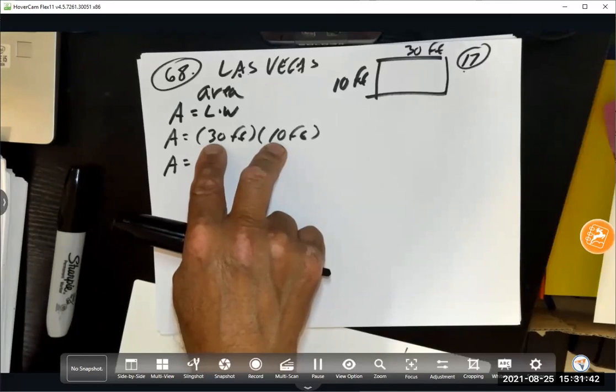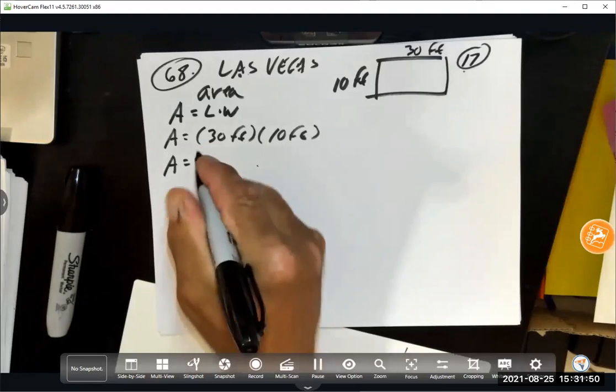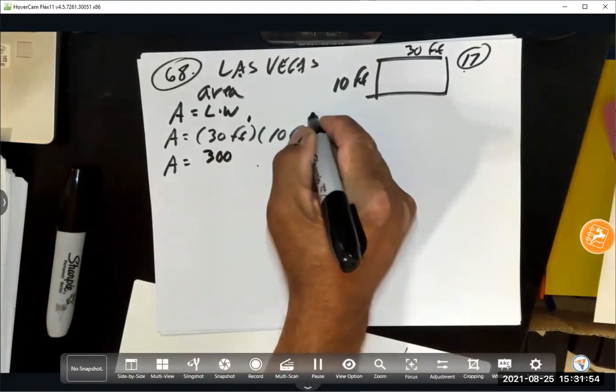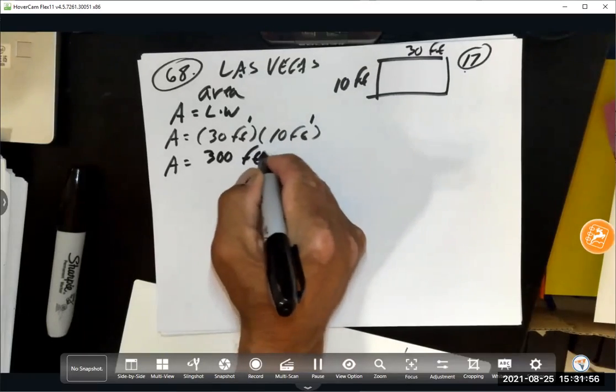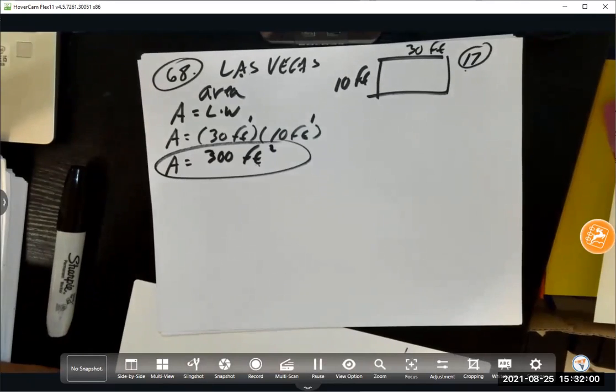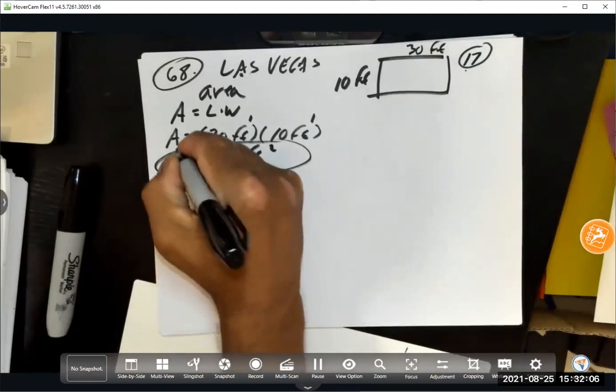What is it? $300. There you go. 300. And feet to the 1 power, feet to the 1 power, is that square feet? Yes or no? So is it 300 square feet? Is everybody good with that number right there? Yes, sir. This is the first area.